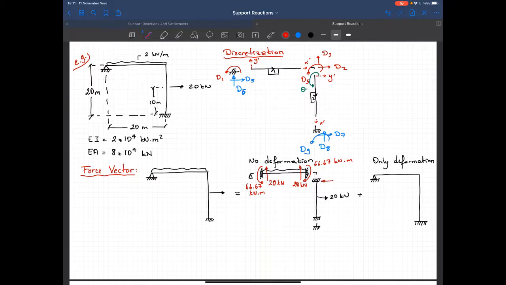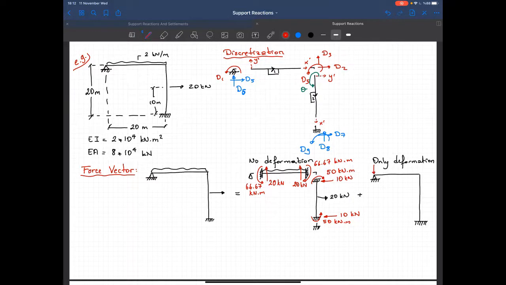Now this one is 10 kilonewtons. This one is 10 kilonewtons. So I got 50 kilonewton meters as my moment, and this one is also equal to 50 kilonewton meters.